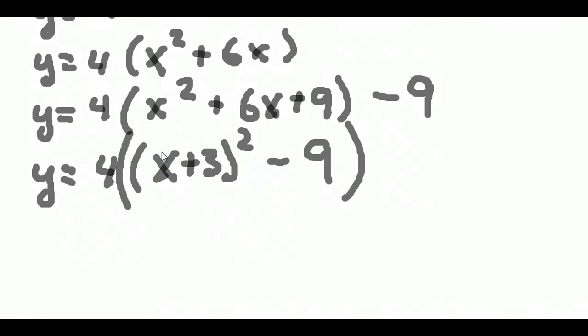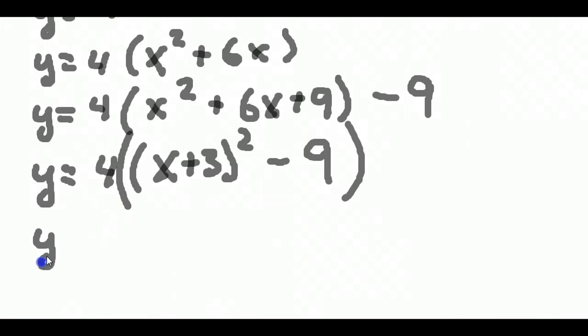So now we have it almost into our right format. The way we're going to do this now is change a few things. Because we need it to be x minus h, and right now we have x plus 3. So the way we change it is minus a minus.